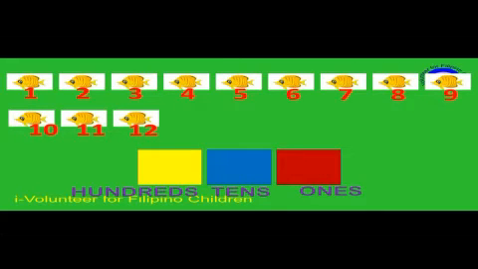Ano ang magiging itsura ng ating 12? Magkakaroon kaya ng value ang ones? Ano kaya ang mangyayari sa kanya? Sa 12, merong 1 ten and then 2 ones.